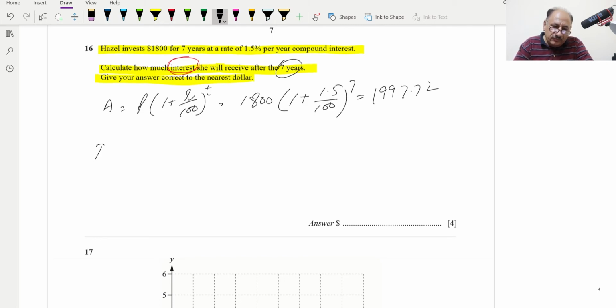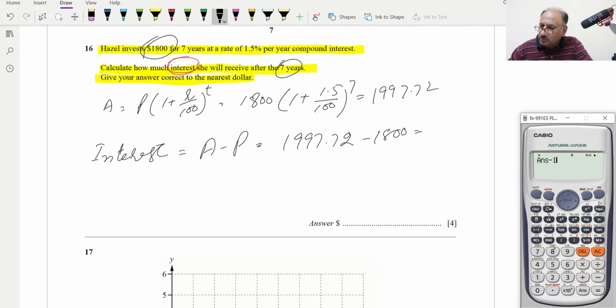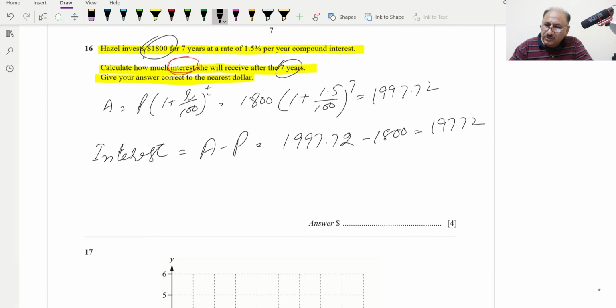So the interest will be equal to the amount minus principal amount. So 1997.72 minus this principal amount, which is 1800, and this will be equal to 197.72.